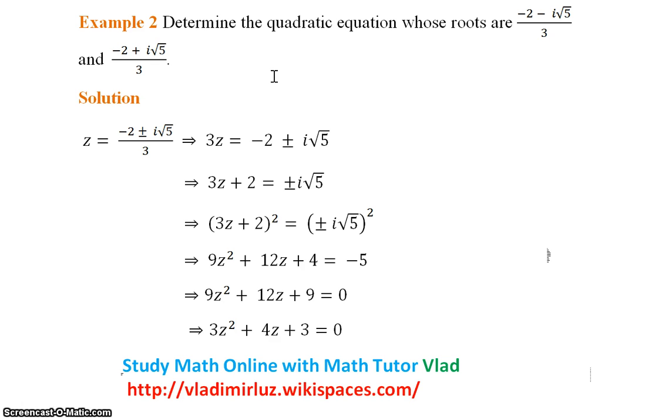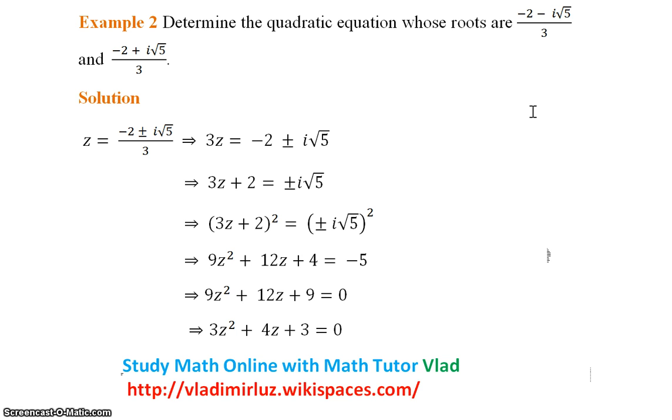So how to restore the quadratic equation with these roots? Let us write these roots this way. z equals minus 2 plus minus i square root of 5 over 3. So the way as we get it while solving quadratic equation.